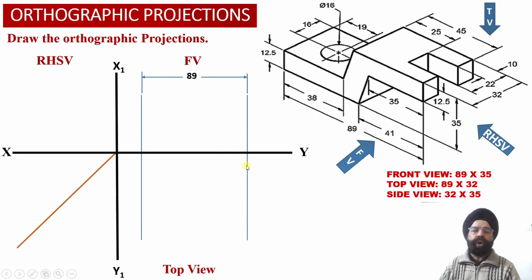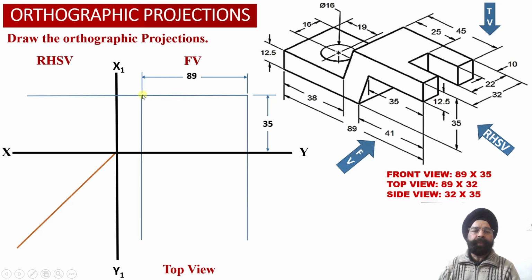because in the top view projections as well we are going to require the width of the solid, which is equal to 89 millimeter. Now we also know that the height of the solid is equal to 35 millimeter. So we have marked this height of 35 millimeter in the elevation view, or the front view projections, by drawing a horizontal projector line at a distance of 35 millimeter from the XY reference line.